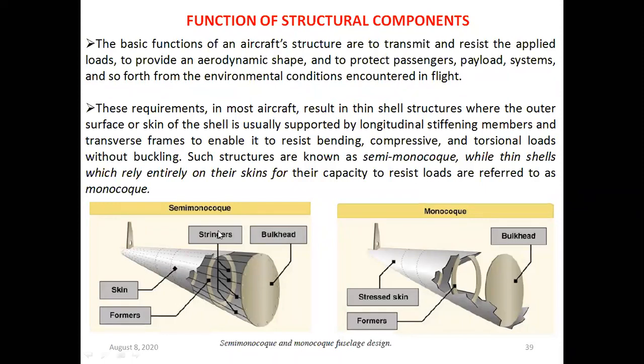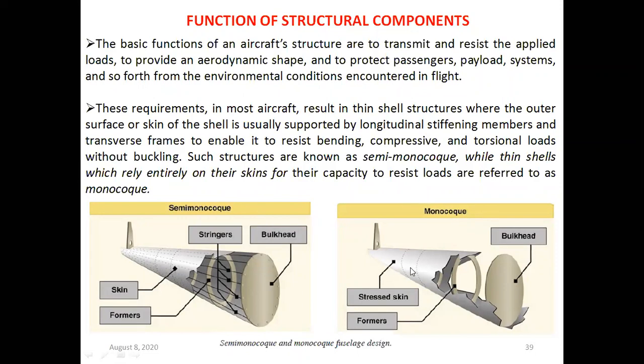These requirements in most aircraft result in thin shell type structures, where the outer surface or the skin of the shell is usually supported by means of longitudinal stiffening members and transverse frames to enable it to resist bending, compressive, and torsional loads without buckling. Such structures are known as semi-monocoque, while thin shells which rely entirely on their skins for their capacity to resist loads are referred to as monocoque.